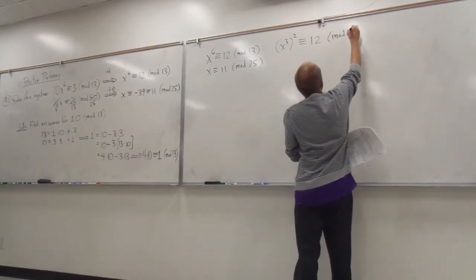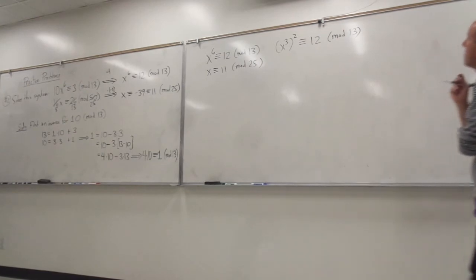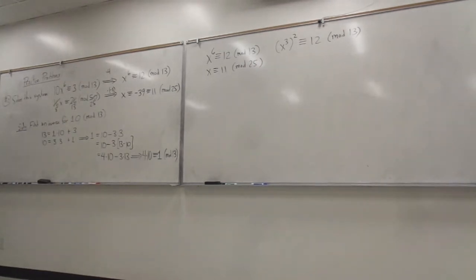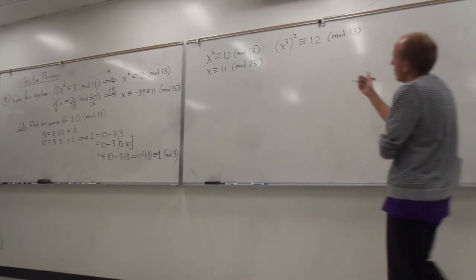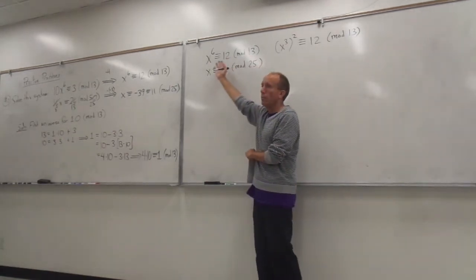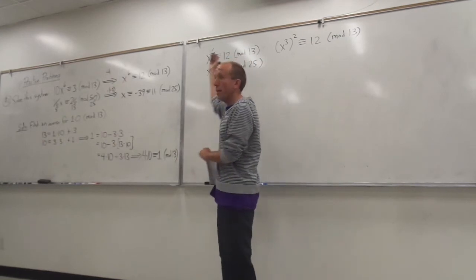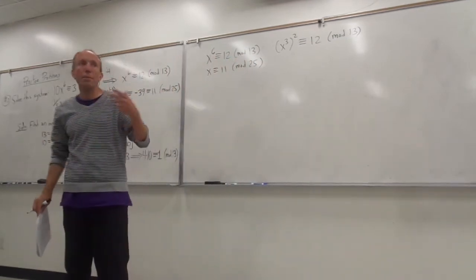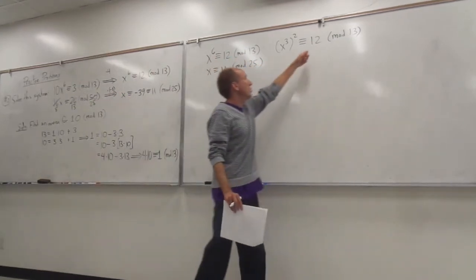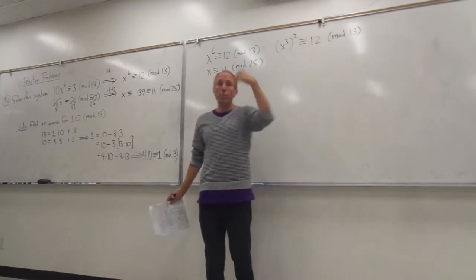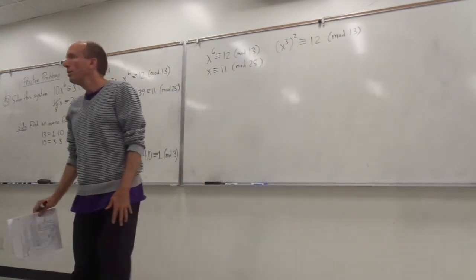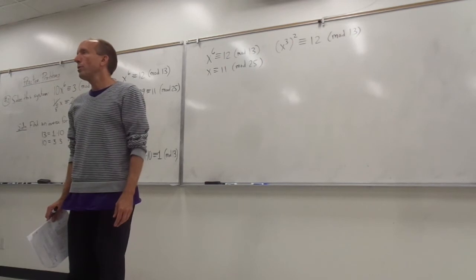Okay, so we could write it like that. Essentially we don't even know for sure if this has a solution yet, but it would require 12 to be a quadratic residue, basically. In other words, negative 1.